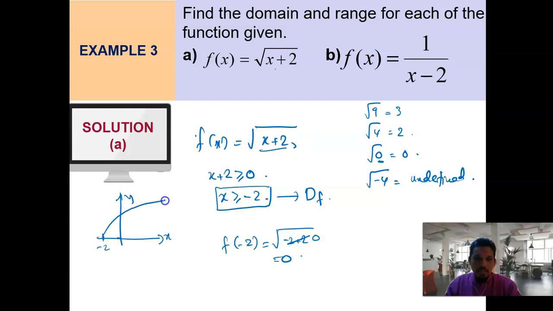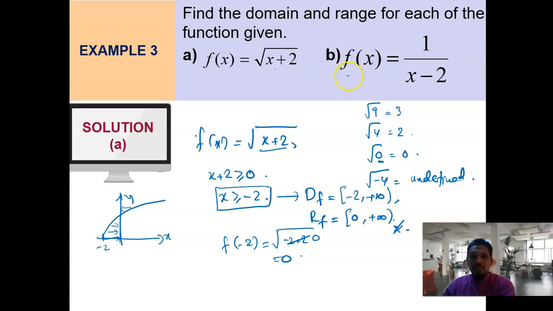And the graph will be something like this. So if we map this graph to the y-axis, then the range of f equals 0 to positive infinity. Okay.